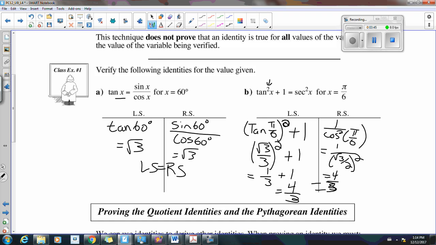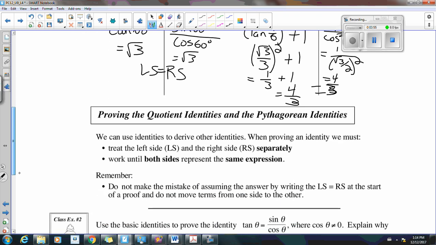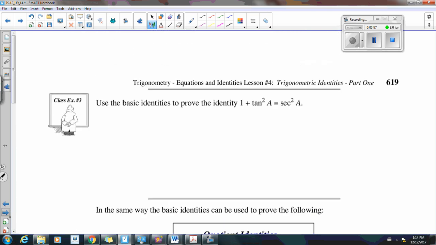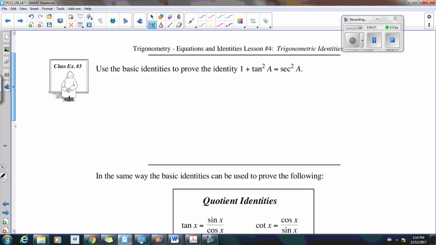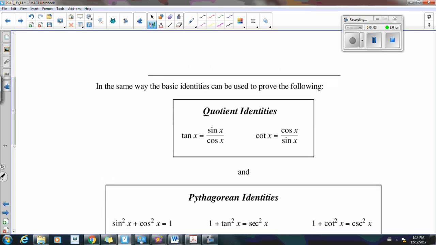We've verified this identity for pi over 6. Again, we haven't proven that it's true, but we have verified it. We're going to skip examples 2 and 3. They're very basic, and I find it's more confusing to go over them than if we just trust those very basic ones to be true, because I think we've already talked about that when we built our unit circle.